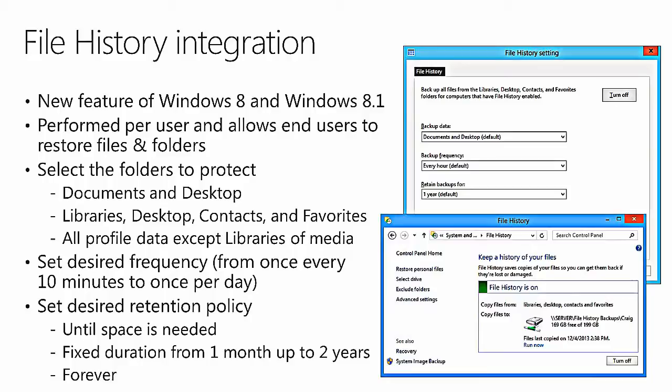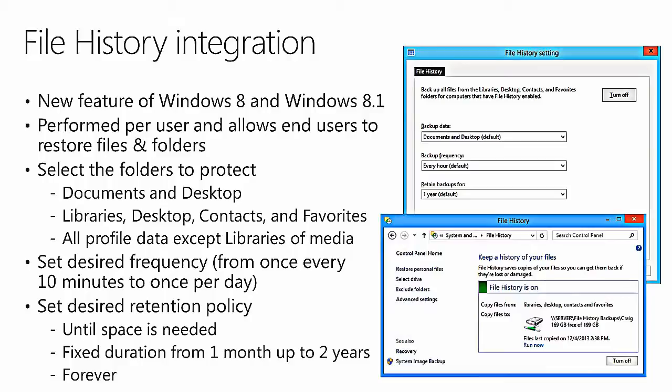With Windows 8 and Windows 8.1 clients that have file history, the Essentials server can be the destination for file history information for your client PCs. So instead of having a local USB device hooked up to every single computer as a destination for file history, you can just use the Essentials server.